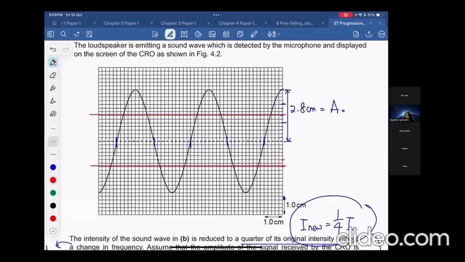Is that clear? So we continue to draw the wave front. Then going down, going up. Then continue going up, going down. Then continue.